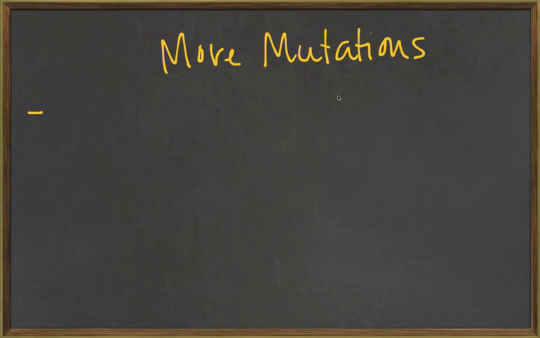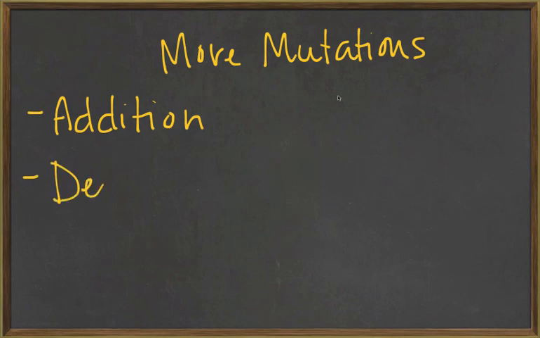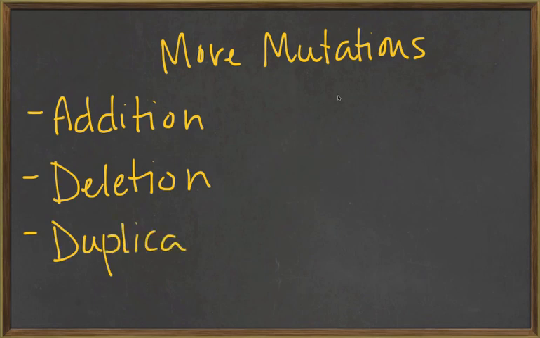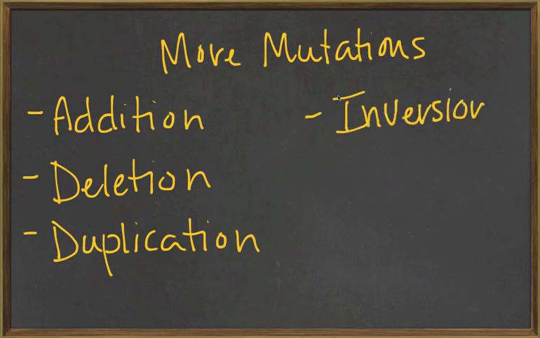One of the mutations you can have is called an addition. I have a deletion as an option. I can have a duplication mutation. I can have an inversion mutation. And the last one that we will talk about is called a translocation.